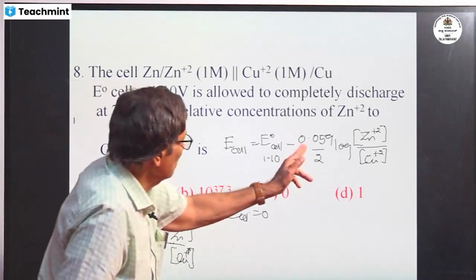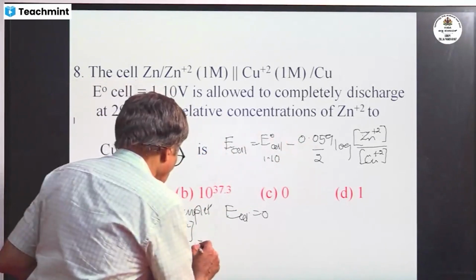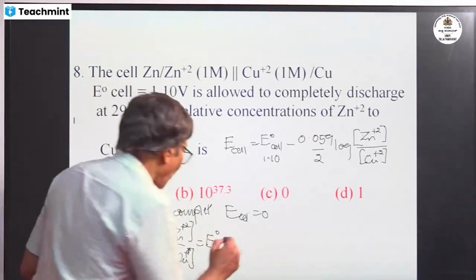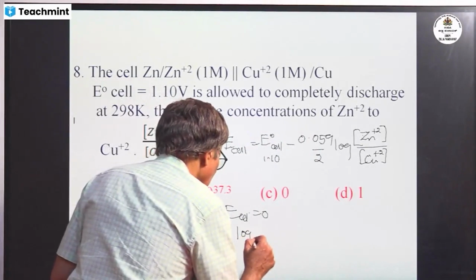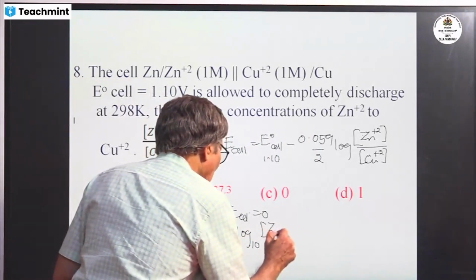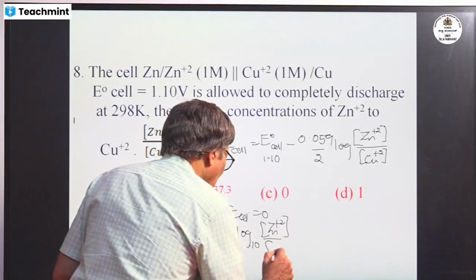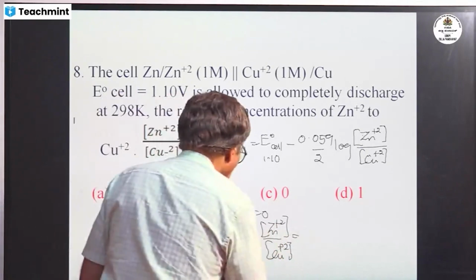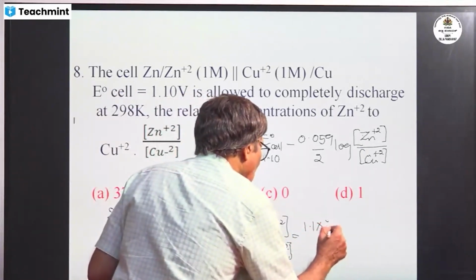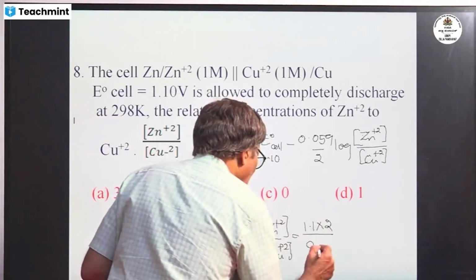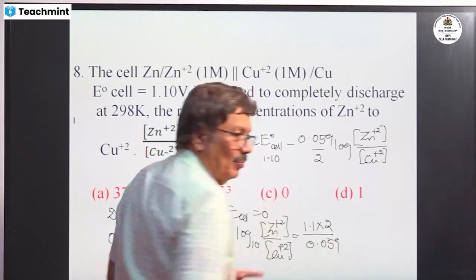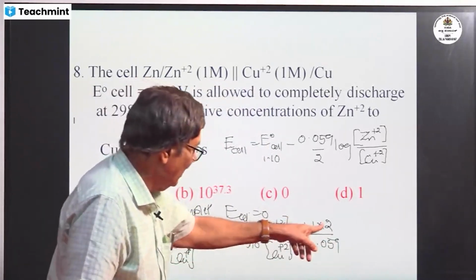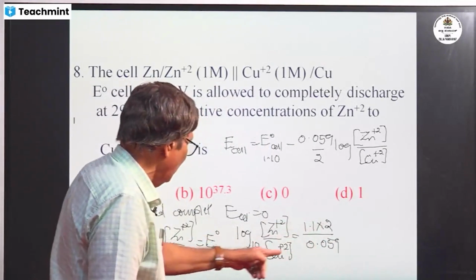Okay, so if you are bringing it to this side, it will be E naught, which is 1.1. Therefore log to the base 10 of zinc ion to copper ion is equal to E naught, 1.1, into 2 divided by 0.059. 1.1 is the standard value E naught for the Daniell cell, into 2, divided by 0.059.